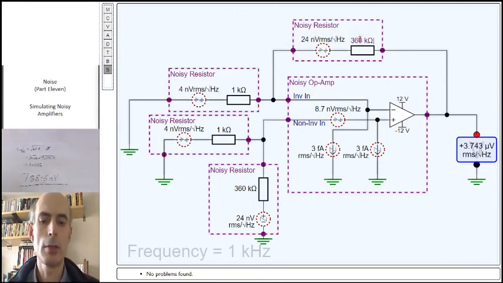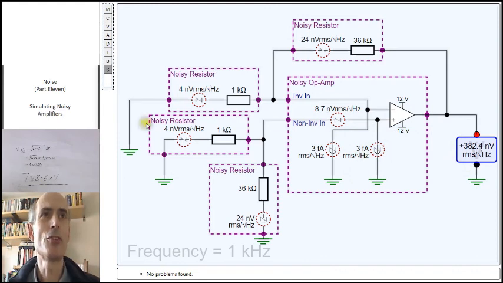And that is the noise for a 36K resistor. And we've now got a differential amplifier with the same gain, 36, but the output noise is now 382, which is significantly smaller than 788. We've made a significant improvement in the noise performance of our amplifier.